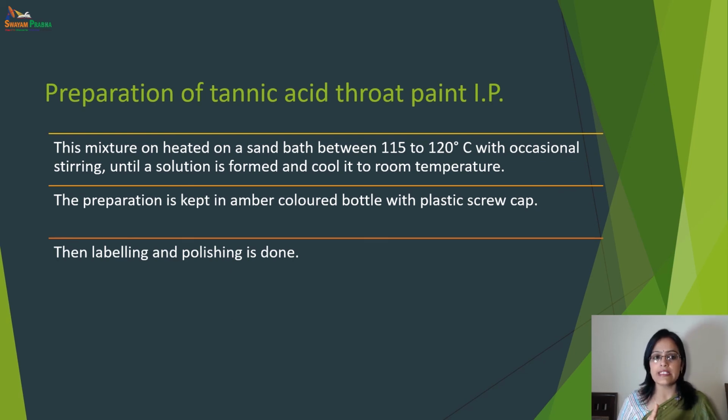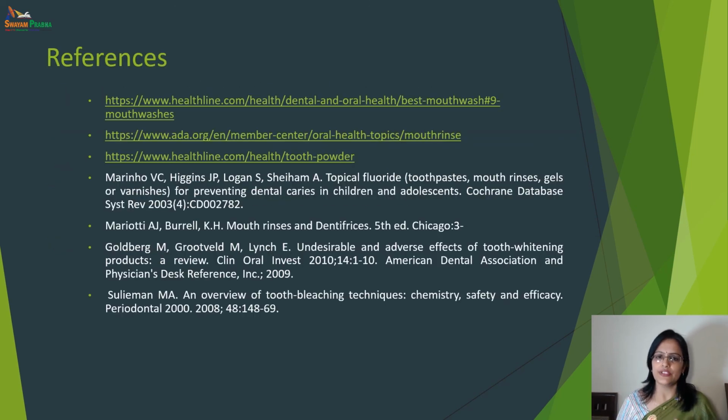This preparation is kept in an amber colored bottle to prevent any interaction with light and to prevent evaporation of the solution, and you screw it with the plastic screw cap, and then labeling and polishing is done. So that's all for this formulation, and these are the references. You can refer to these for further reading.